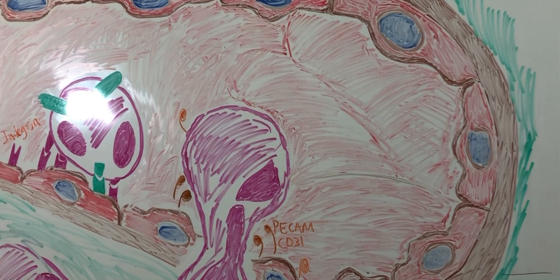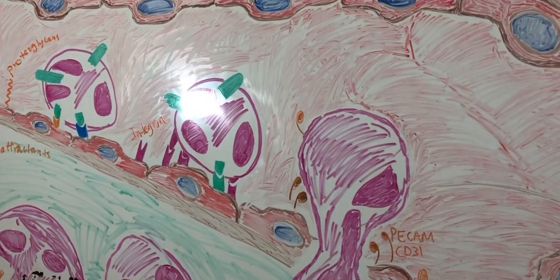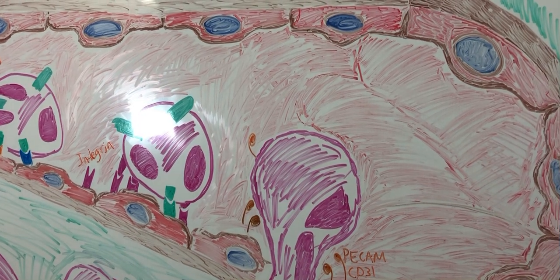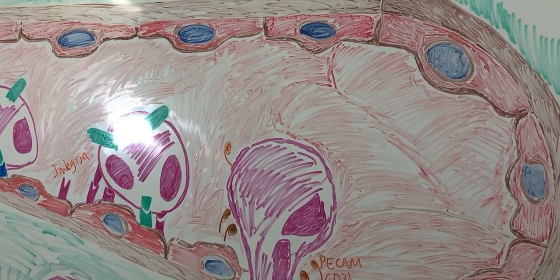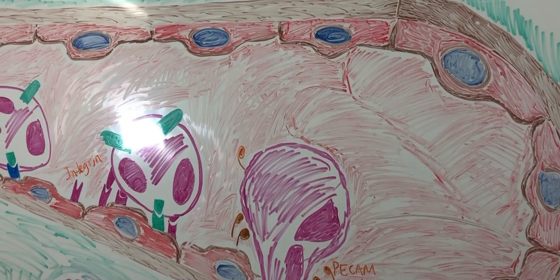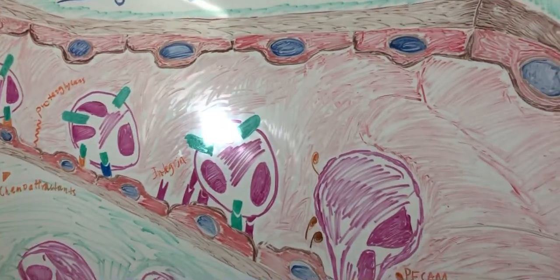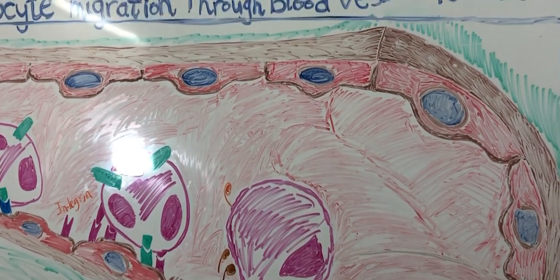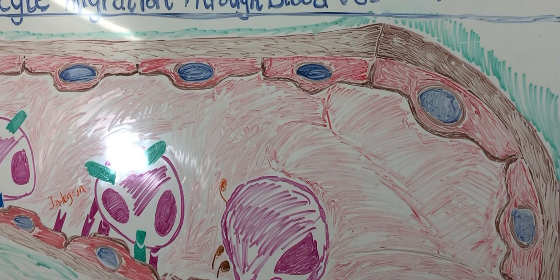So this is a multi-step process of leukocyte migration through the blood vessels. The leukocytes are first rolling, cytokines activate them, and they adhere to the endothelium, and we are at the step of transmigration.